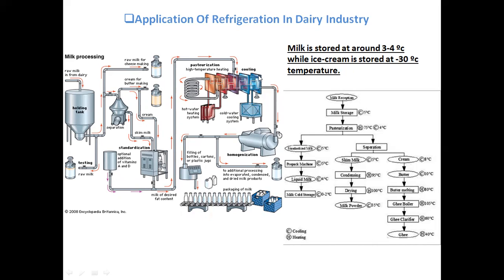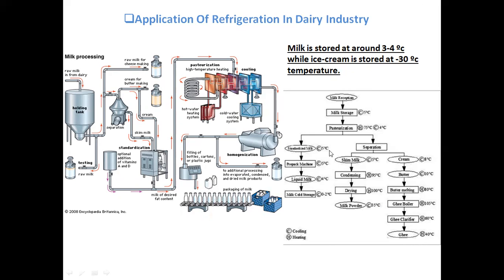This pasteurized milk then goes to homogenization, and then is stored in bottles or pouches. Milk is stored generally at 3 to 4 degrees Celsius, and the other product of this dairy industry is ice cream, which is stored at minus 30 degrees Celsius, which we'll see in a while.